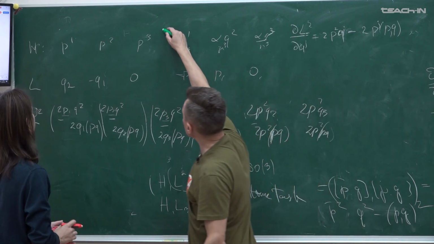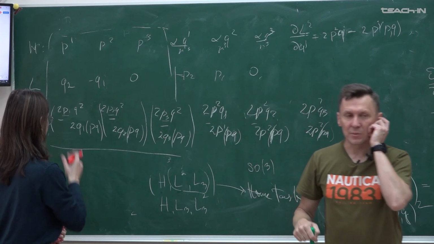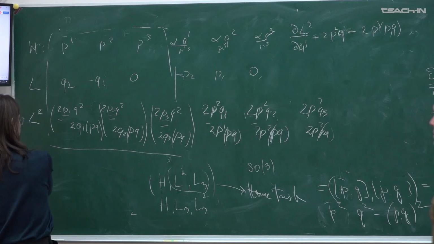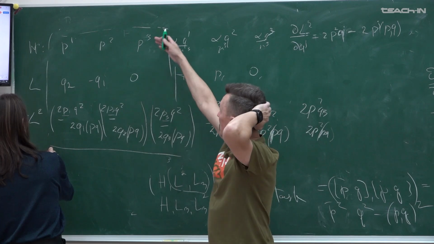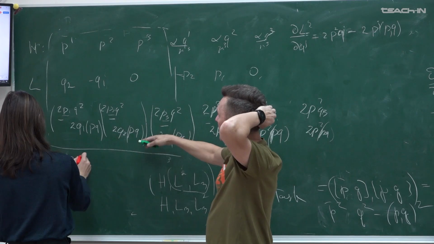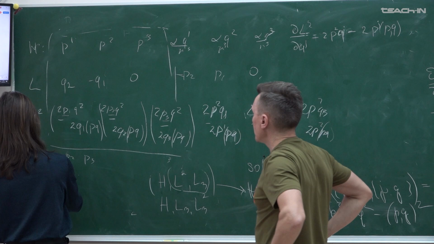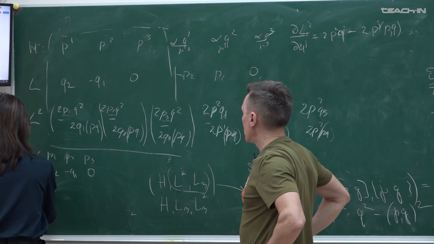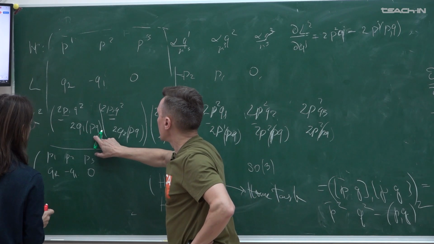So I prefer to consider this minor and to do some linear transformation with this matrix. And the first one is what I said. If we subtract the first line multiplied by 2q square from the third line, q2 minus q1, q1, 0, minus 2q1 pq.